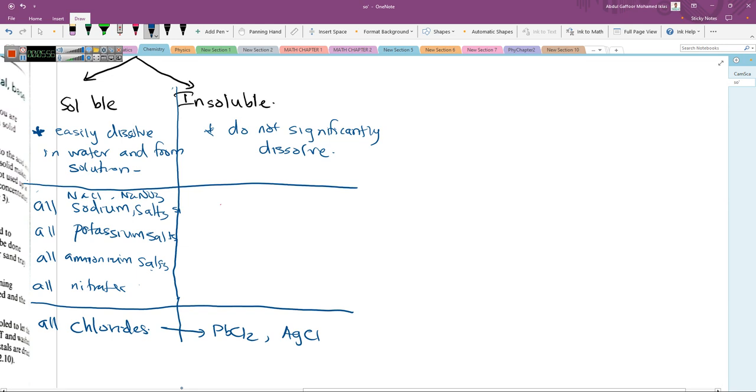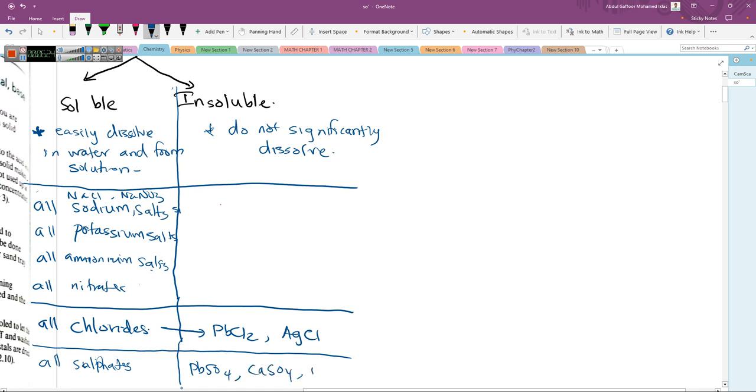The next one will be all sulfates. All sulfates are soluble in water except PbSO4, barium sulfate and calcium sulfate. So we will study all sulfates except lead sulfate, calcium sulfate and barium sulfate.